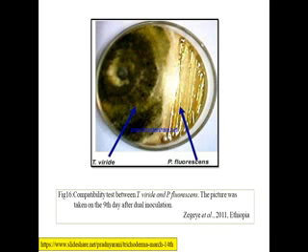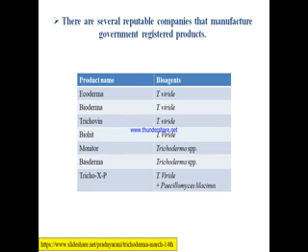So here you can see the compatibility test between Trichoderma viride and Pseudomonas fluorescens. So here are several reputable companies that manufacture government registered products. These are the product names: Ecoderma, Bioderma, Tricovine, Biohit, Monitor, Bestderma, and TricoXP.